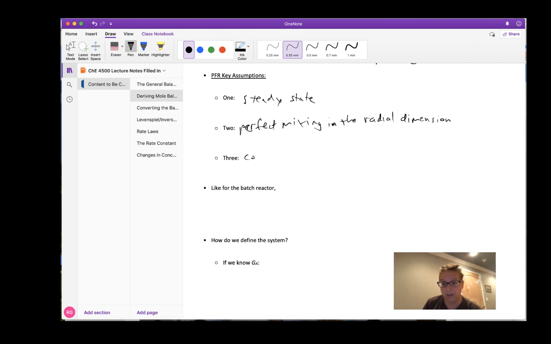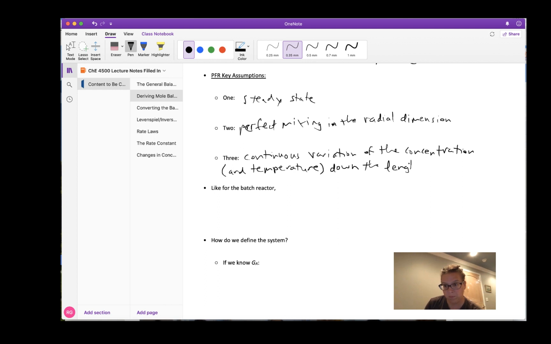So we have continuous variation of the concentration down the length of the reactor.